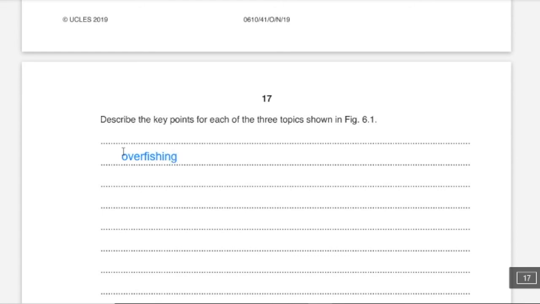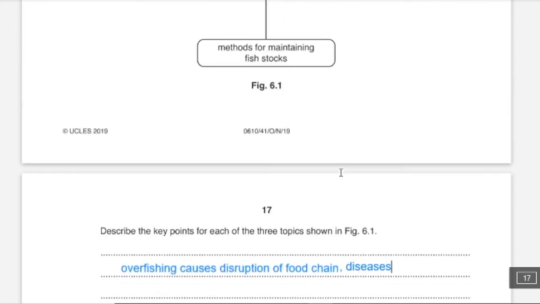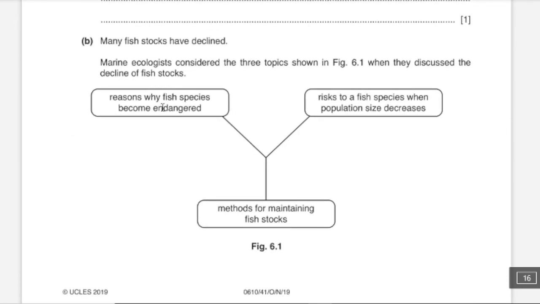And another point which I'm going to be mentioning over here, well, overfishing causes disruption of the food chain, and this can then result in decline in multiple fish stock. And the second point I'm mentioning over here, it can be diseases in the fish stock. Alright, so here are 2 points for the reason.